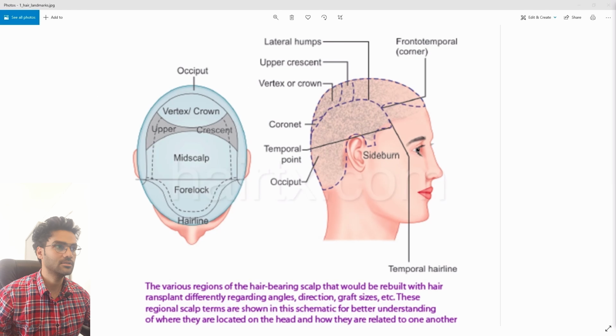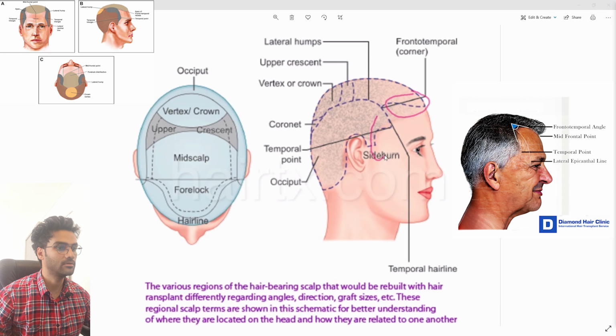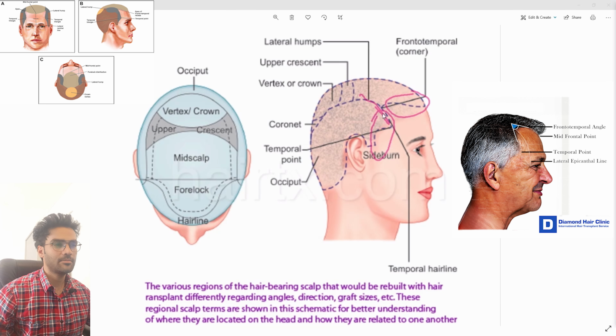So let's start with this frontal temple bone, and this is the side temple bone. When they connect, it is usually where this hairline is. This hairline may differ from male to female, but overall it is the same.